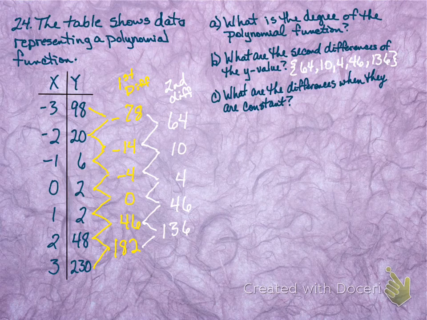Okay, now let's do the next one. Get a different color. Let's go light green this time. Okay, 136 minus 46 is 90. I don't like that one. Let's make something a little brighter.